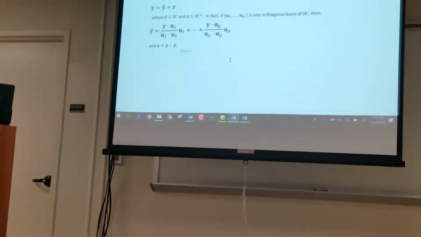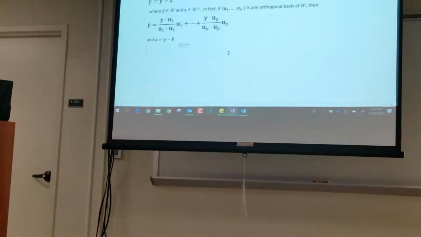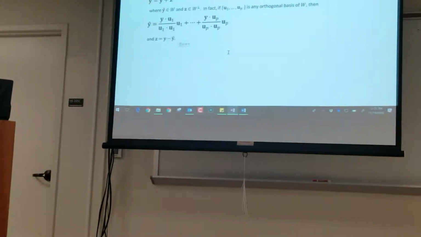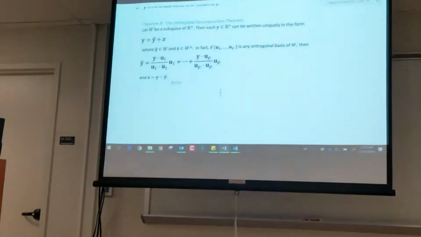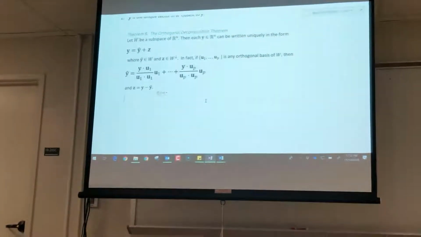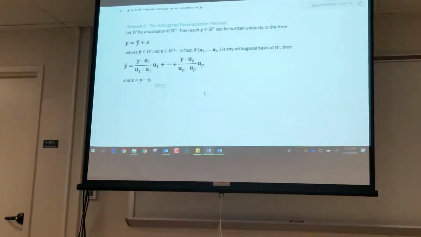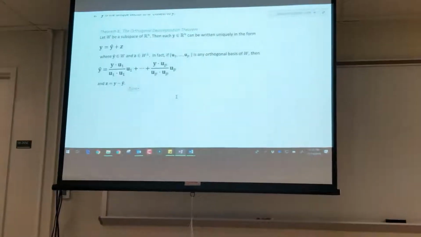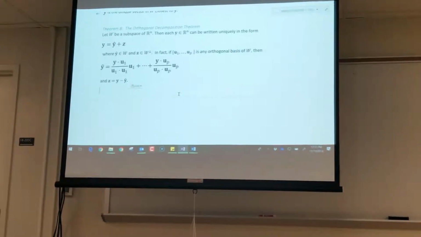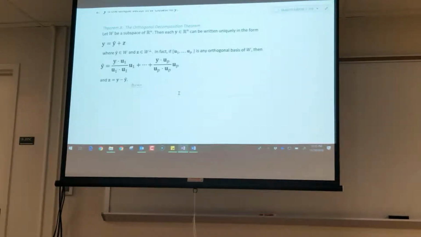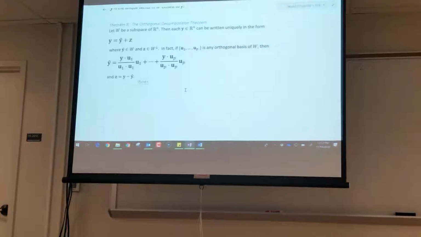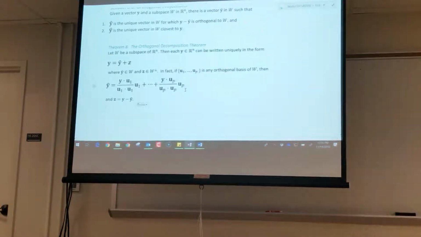So suppose W is a subspace of R^n, and y is in R^n. That may be in W, but maybe not in W. And that means this can be written uniquely in the form y is equal to y hat plus z, where y hat is that vector that we talked about in the previous paragraph here. y hat is in W, and then z is this new vector that we're going to create that's perpendicular to W.